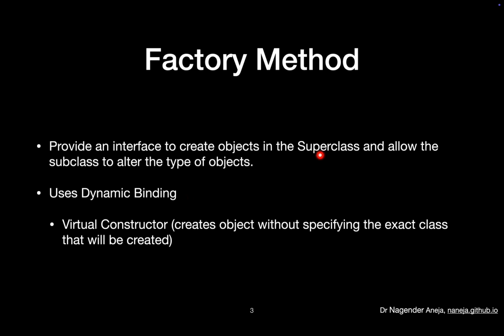As we know, we can define pointers of the superclass type, and then at runtime we can assign the objects to that pointer, right? That's called dynamic binding or runtime polymorphism, and we can have a virtual constructor in the superclass without specifying the exact class that will be created.